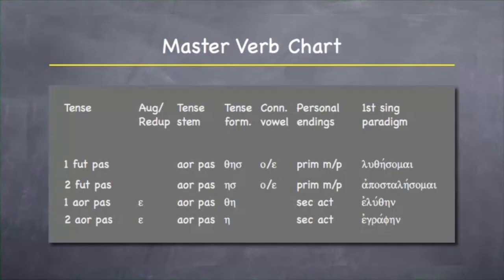Theta, eta is a tense formative, secondary active personal endings, and you have eluthen. And the second aorist passive is also an augmented aorist passive tense stem with a tense formative eta. Personal endings are secondary active, and you have egraphen. Okay, mostly charts, but pretty straightforward, I think. So let's do the vocabulary, and you can get on with the chapter.